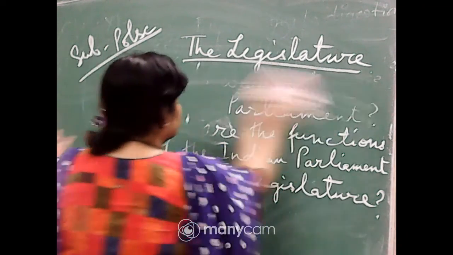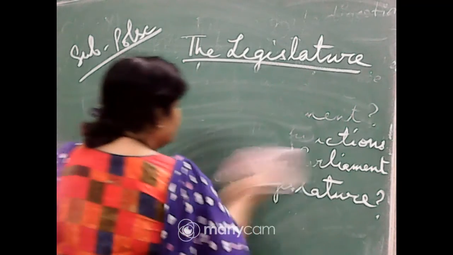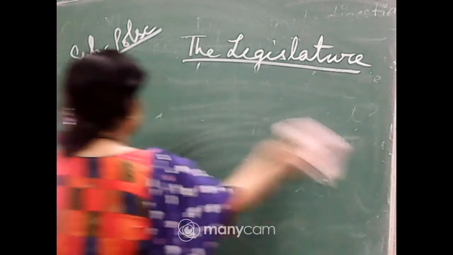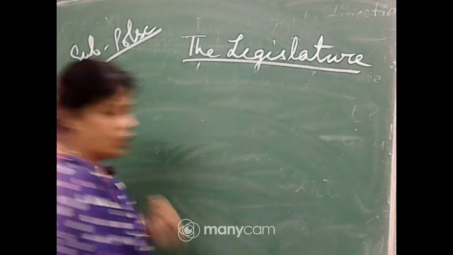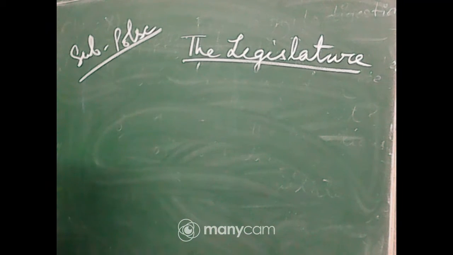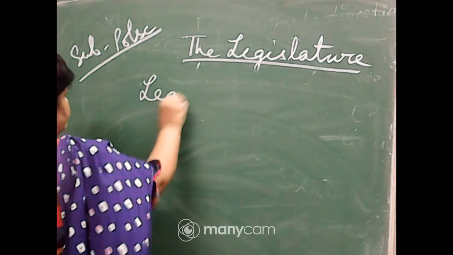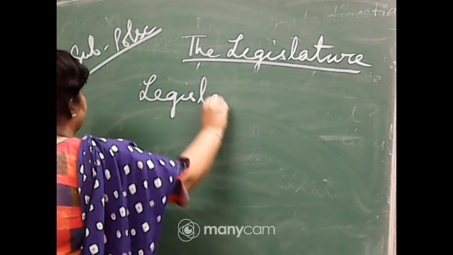I have to erase this part because I have to use the board and we have limited space. So, first of all, why do we need a parliament, or why do we need a legislature? The first function is the legislative function.